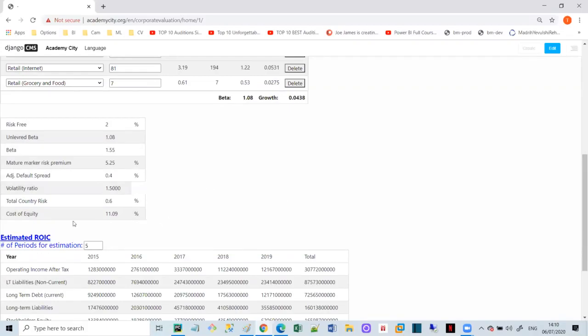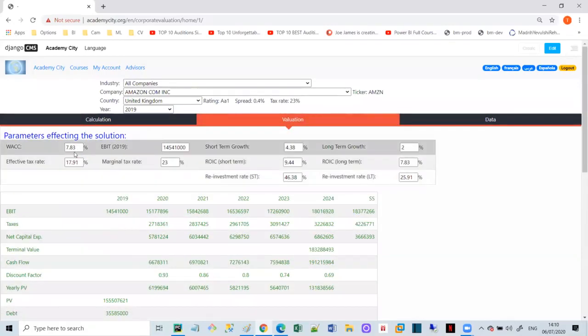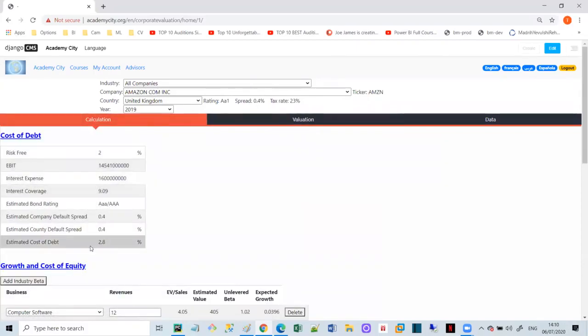Okay, I got the cost of equity, I got the cost of debt, and now what we're getting, 7.83, should be equal to the cost of debt times the share of debt, meaning debt over debt plus equity. If I go here, I take the 2.8, multiply it by 1 minus t, multiply that by debt over debt plus equity.